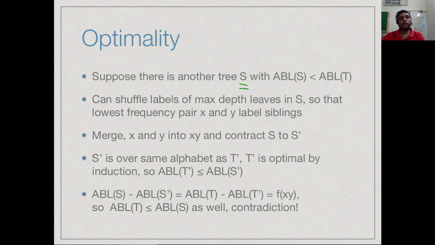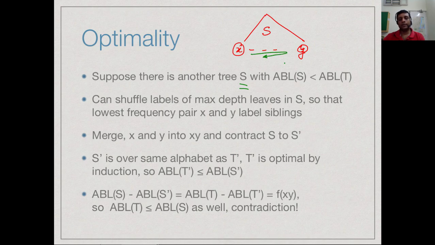Now in S, we know for sure that these two letters that we use in the recursive construction, x and y, occur somewhere at the bottom of this tree. Okay, so this is my tree S. These must be leaf nodes because they have the lowest frequencies over all the letters, so they must be at maximum depth. But they may not be next to each other. But it doesn't matter, since they are both at maximum depth, I can move them around.